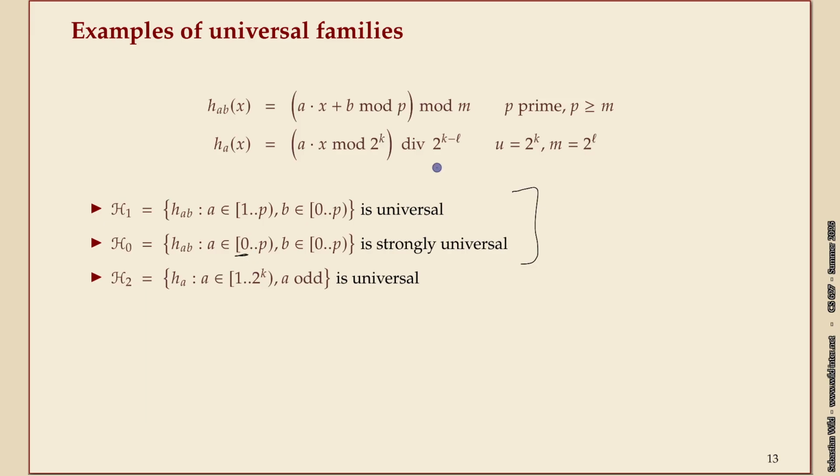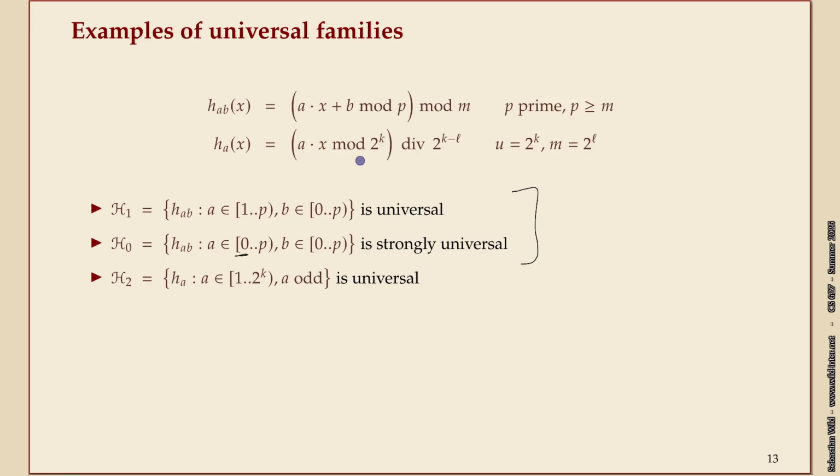The second class is slightly more useful in practice because it's faster to compute. The thing with this first one is you need to compute modulo a prime, so that's a division each time. Sounds like not that big a deal, and it isn't, but in terms of relative performance, if you can do the modulo arithmetic with a power of 2, you can just do bit shifts, and that's a tiny bit faster.